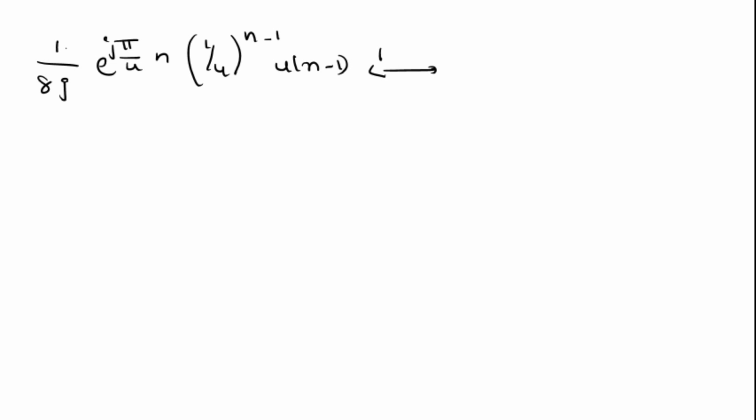If we take DTFT, we'll get 1 by 8j into 1 divided by e^(j (omega minus pi by 4)) minus 1 by 4.